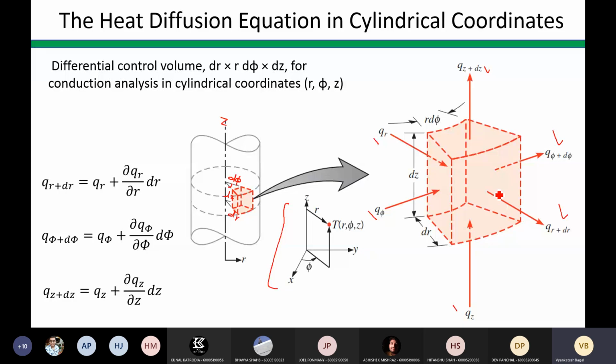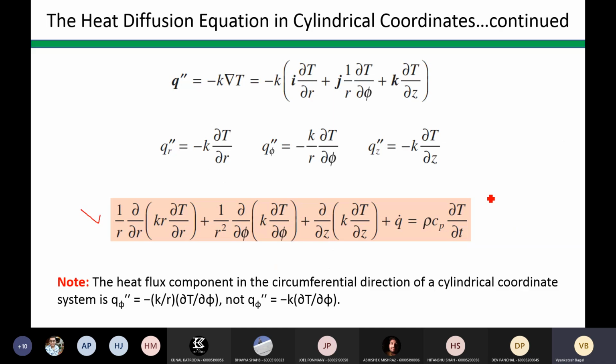Then you can add the heat generation term, E dot G, or E dot ST for that matter. We know that q dot is the volumetric heat generation rate, so you can incorporate this term. After following the same procedure as for the Cartesian coordinate system, you will end up getting this equation.